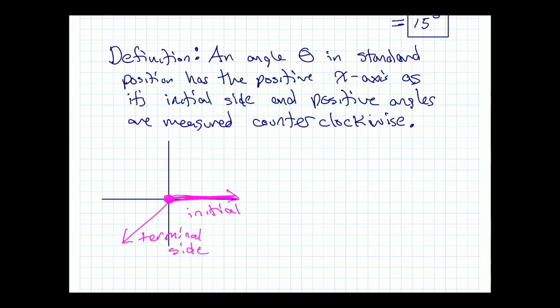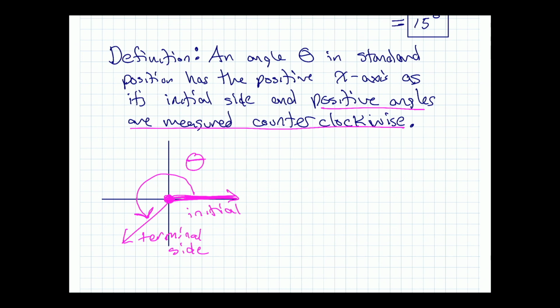All right, and the reason we say that positive angles are measured counterclockwise is we're saying when you measure from the initial side to the terminal side, you start here and you go in the counterclockwise direction like that, and if you do, that's going to be a positive angle. All right, and so that's my angle theta. And so anytime you have an angle like this, that's an angle in standard position.